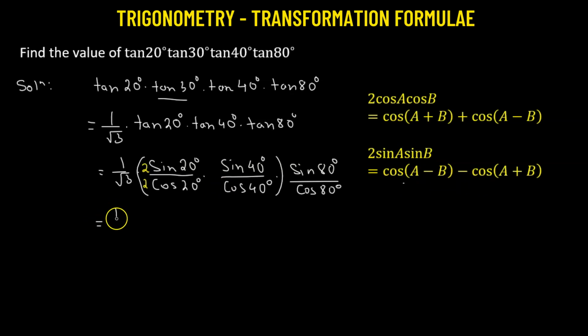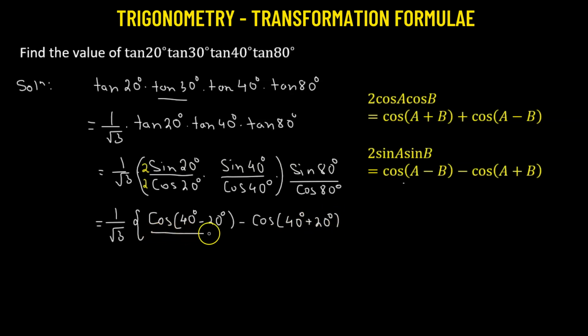So let's apply them. We should get now 1 over square root of 3 multiplied to, in the numerator, cosine of A minus B minus cosine of A plus B. So here we will consider A to be 40 degrees and B to be 20 degrees such that A is greater than B. So we should get cosine of 40 degrees minus 20 degrees minus cosine of 40 degrees plus 20 degrees, whole divided by cosine of A plus B, so cosine of 40 degrees plus 20 degrees plus cosine of 40 minus 20 degrees.